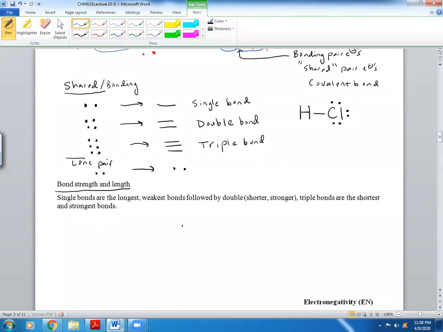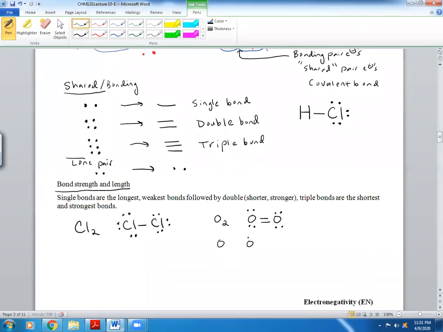So, for example, Cl2 is nothing but a Cl attached to a Cl. You can draw this. Versus oxygen, it has a double bond. Think about it.